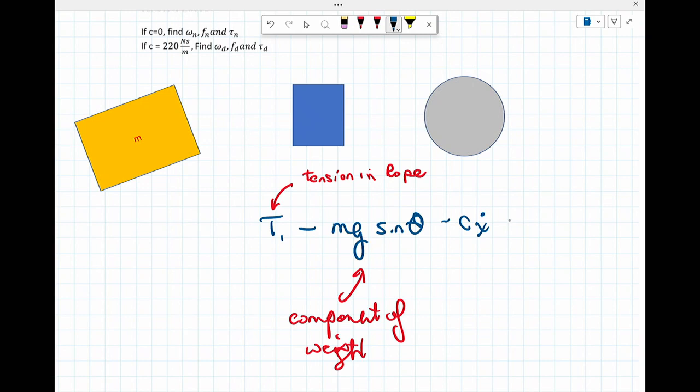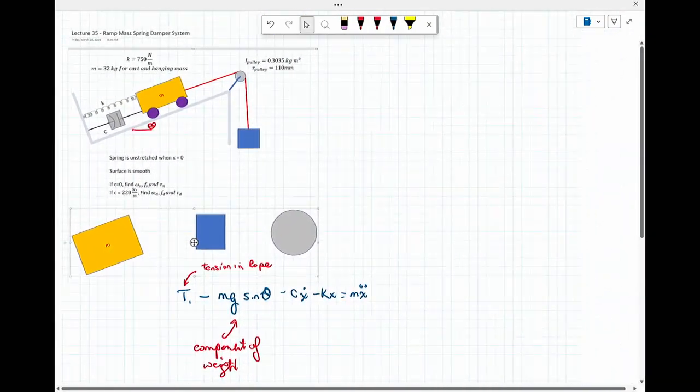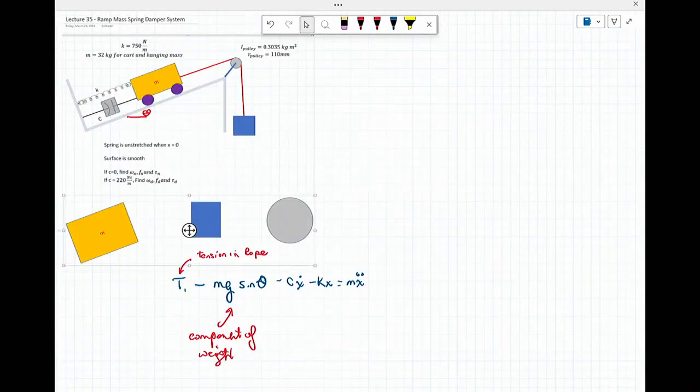Cx minus kx equals mx double dot. And, oh, what's the tricky bit here? The tricky bit, which I forgot to add, is that the pulley has a mass and a moment of inertia.